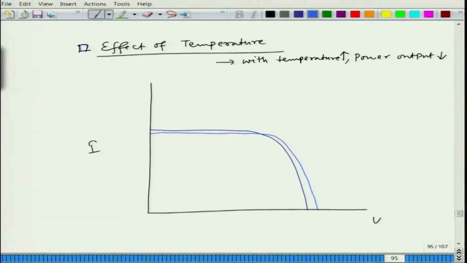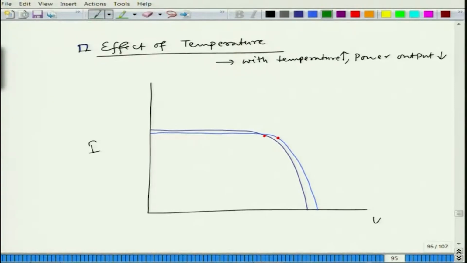Okay. So, you can see that here the maximum power point was here, but for increased temperature the maximum power point drops slightly.